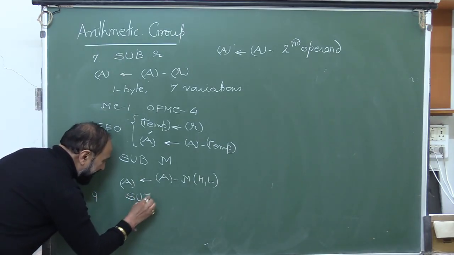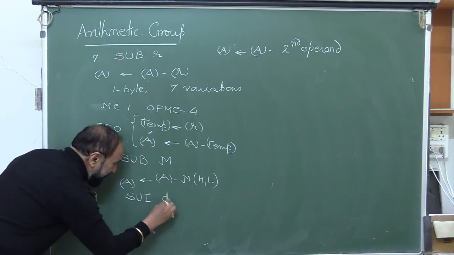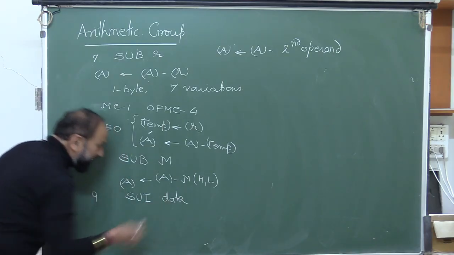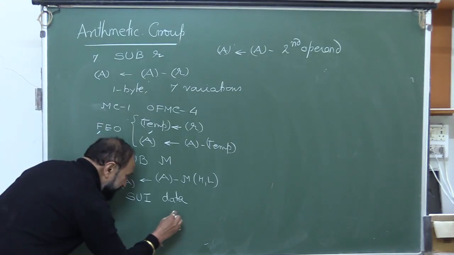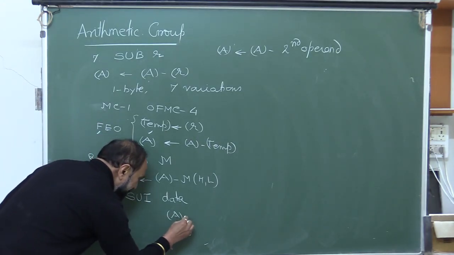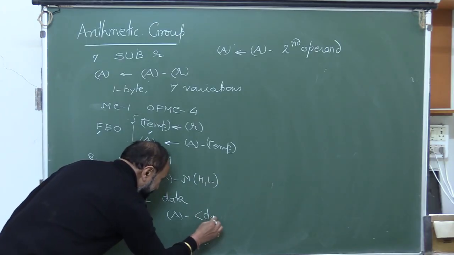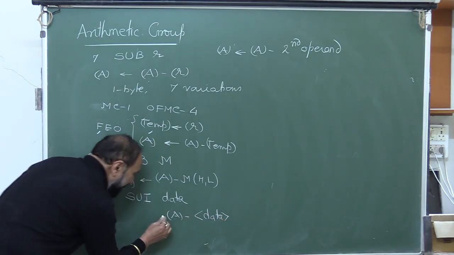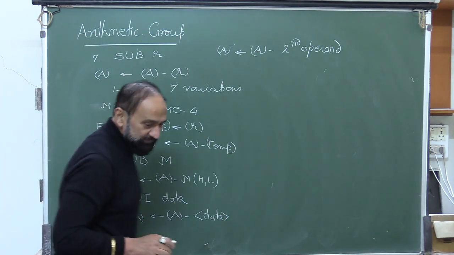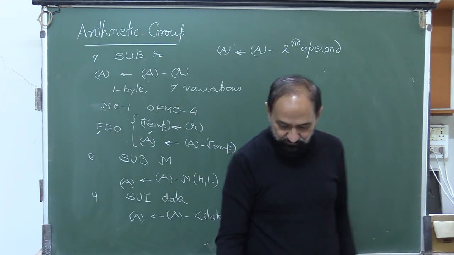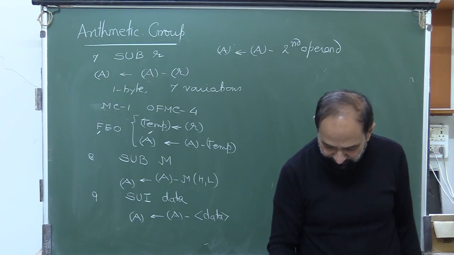The second operand may be present in the instruction itself as an 8-bit data. So it is accumulator minus the data byte and the result is stored in accumulator. All the flags are affected.